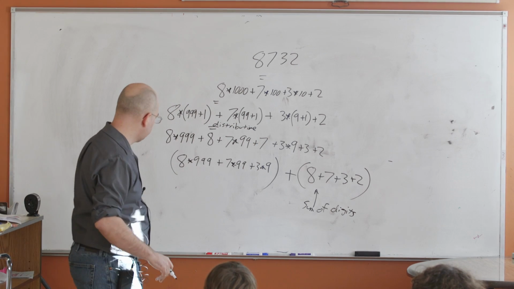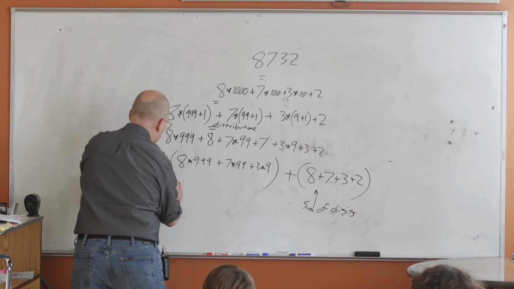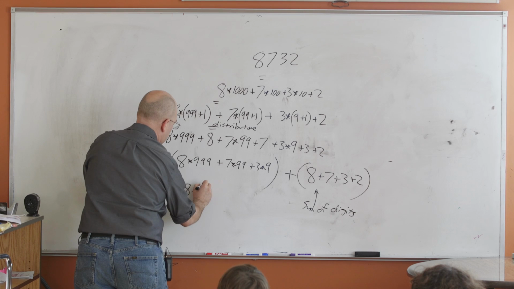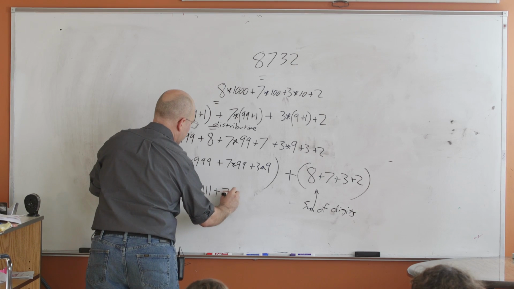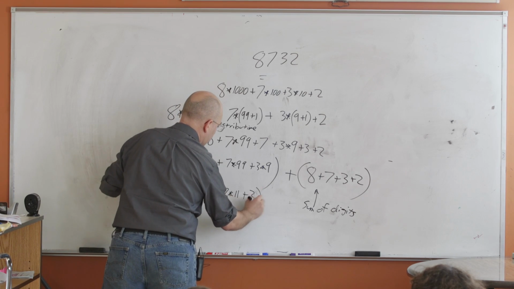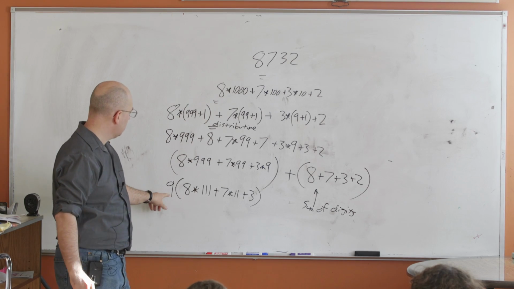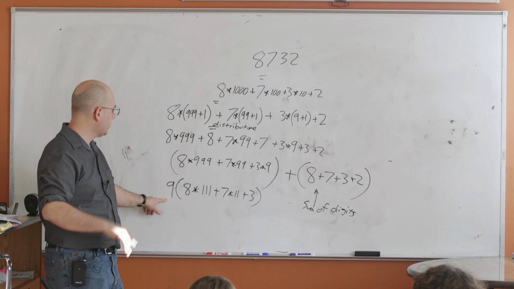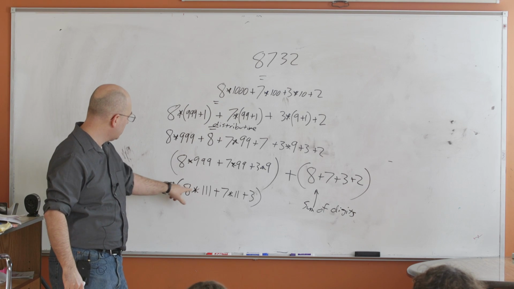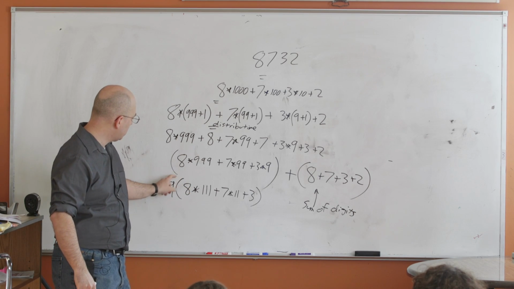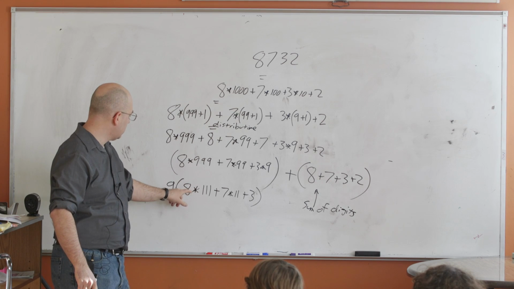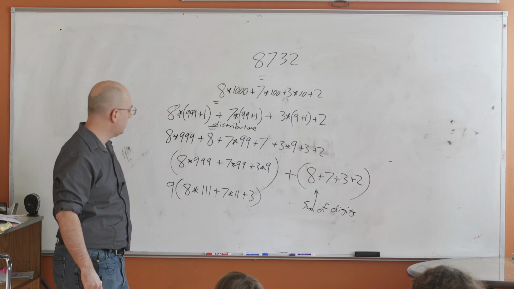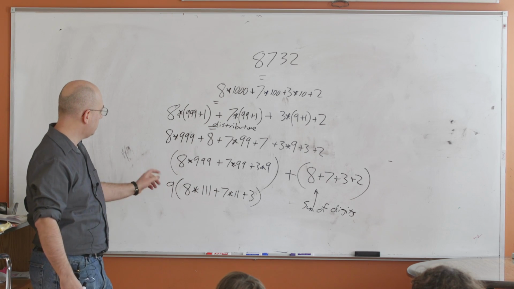And this thing is 9 times 8 times 111 plus 7 times 11 plus 3. What did I do here? Factored out the 9. Reverse distributive rule. If you want to check, you can distribute it back: 9 times 111 is 999, 9 times 11 is 99, and 9 times 3 is 9 times 3.